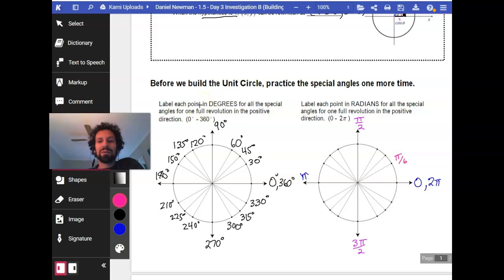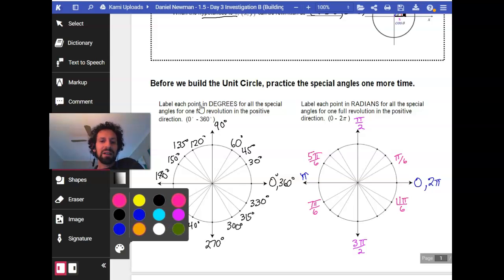So we have 5 pi over 6 here, 1/6 of a pi less than pi. 1/6 more of a pi is going to be 7 pi over 6. And then 1/6 less than 2 pi will be 11 pi over 6. And again, we're labeling this circle right now with the positive radian angles. But we could also label it with negative radian angles.